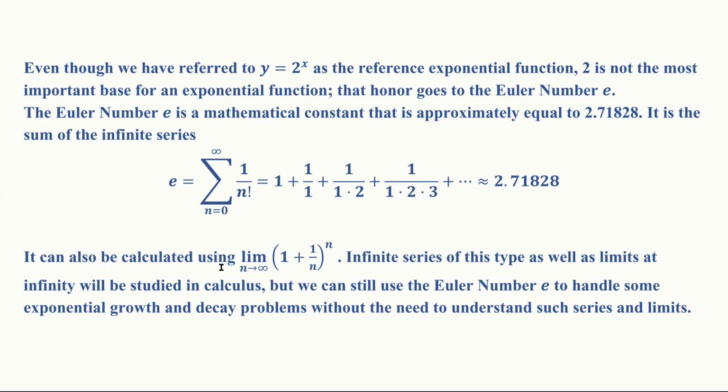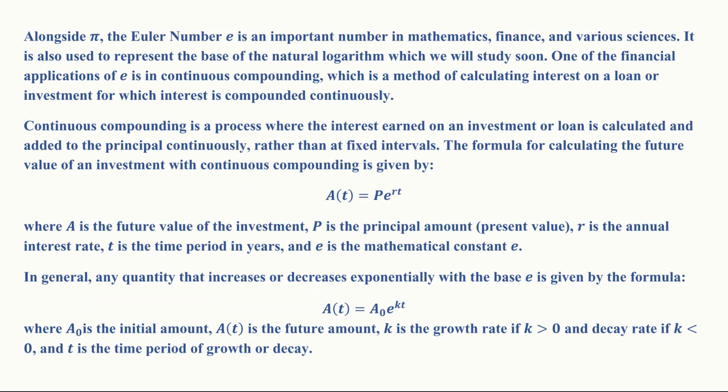It can also be calculated using this limit. The limit as n approaches infinity of quantity 1 plus 1 over n to the n. Now, infinite series of this type, as well as limits at infinity, will be studied in calculus. But we can still use the Euler number e to handle some exponential growth and decay problems without fully understanding the series or the limits of this type.